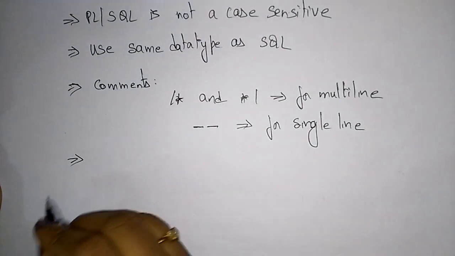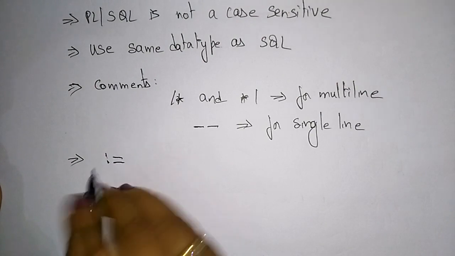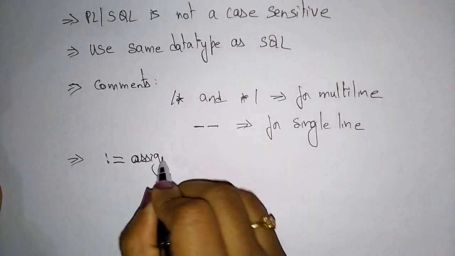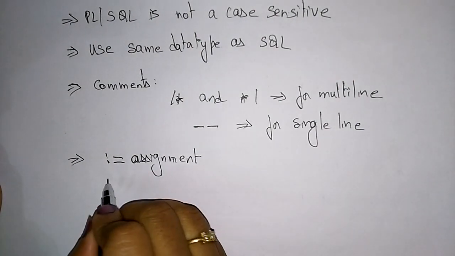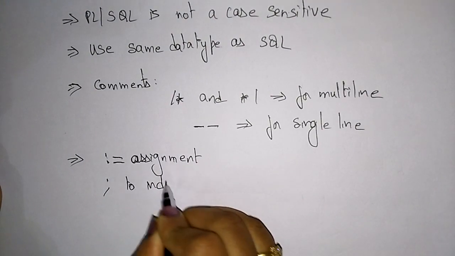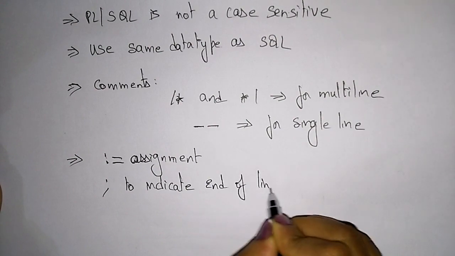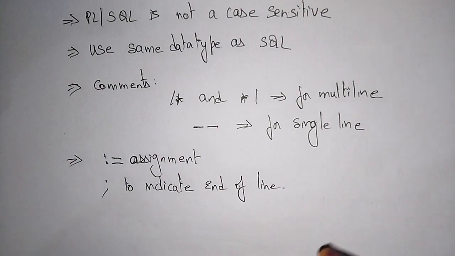PL/SQL uses colon equal to for the assignment operation, and a semicolon to indicate the end of a line. So these are the points to remember while writing the program.